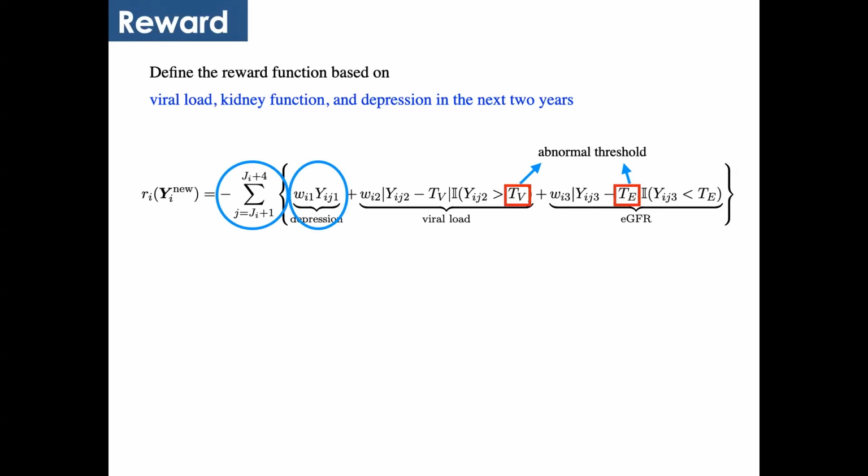So we have this abnormal threshold. We only penalize them if they are outside of the normal range. And we also have this personalized weight, the W_i. The physician will need to determine that. For example, if you think mental health is a major issue, then you can assign a higher weight on W1. And if very low EGFR is a consideration, you can assign W2 a higher weight. Okay, the sum of the weights is 1, right? Yes.